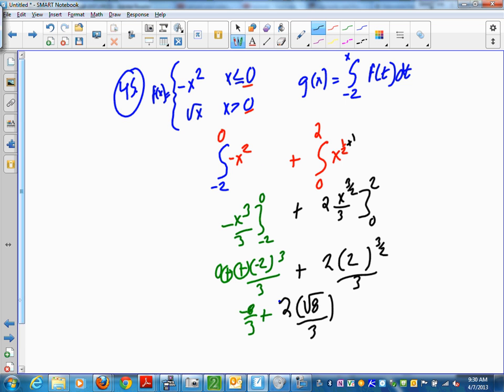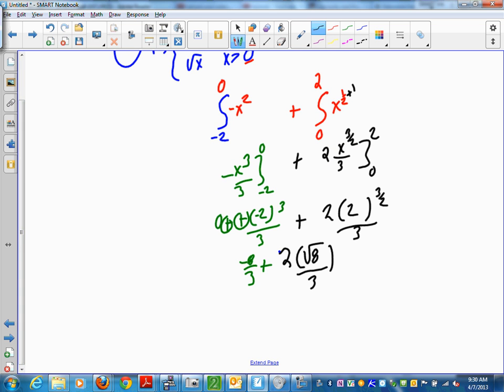Let's see if this gets us anywhere. This is 4 times the square root of 2. This is 2 square root of 2, so we have 4 square root of 2 over 3 plus negative 8 thirds.